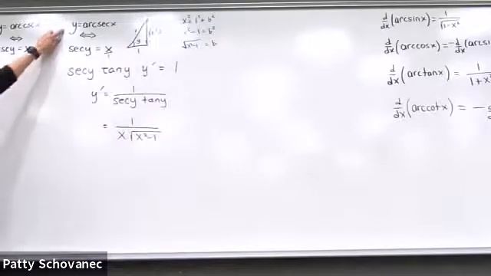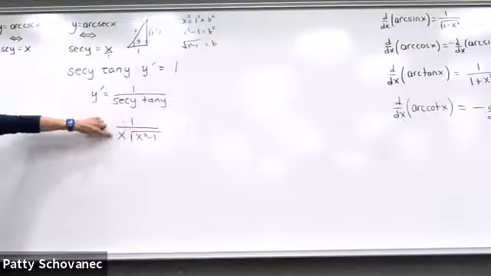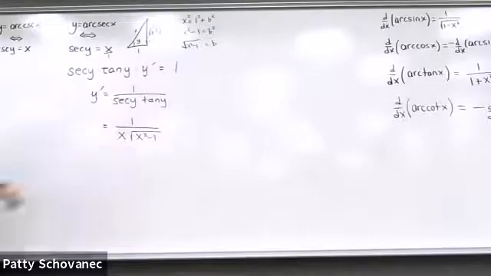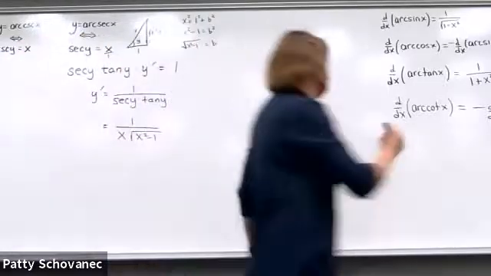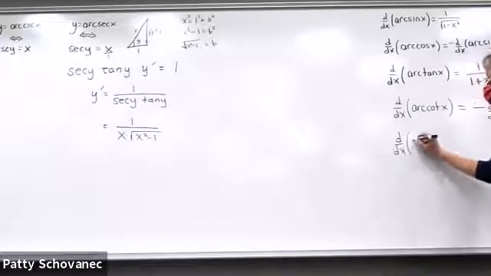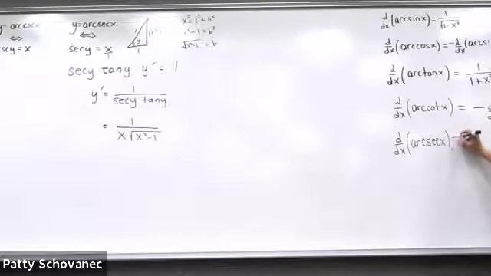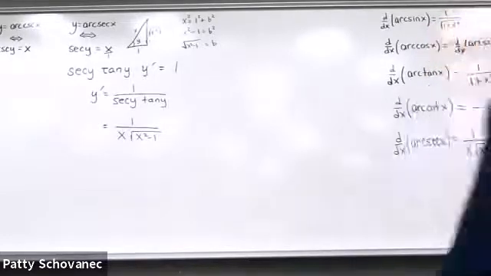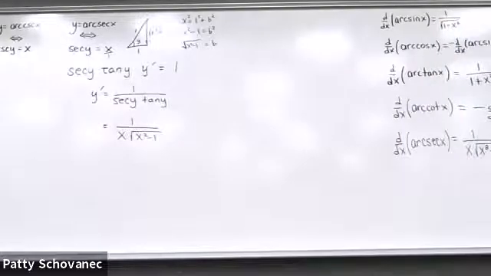So the derivative of an arcsecant is 1 over x times the square root of x squared minus 1. So the x squared is in front of the minus sign in this one.